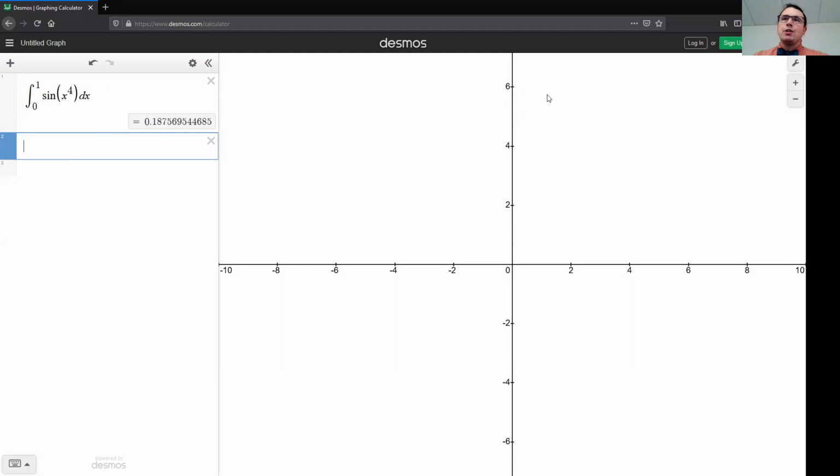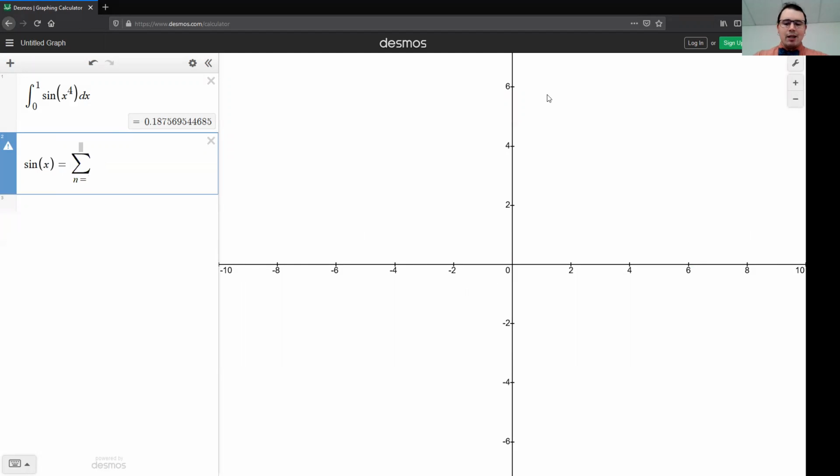So since I don't really want to find an antiderivative of sine of x to the power 4, I'm going to turn it into a Maclaurin series. And the way I'm going to do that is by using the Maclaurin series for just the regular sine function. So I know that sine of x is equal to its Maclaurin series.